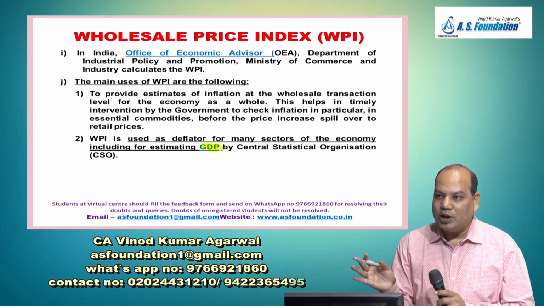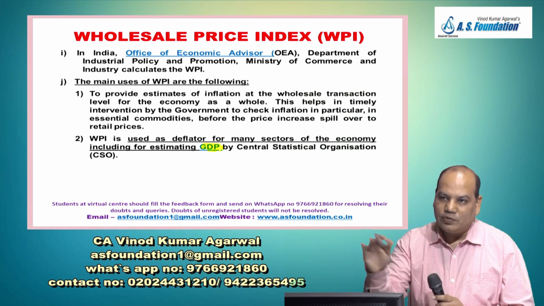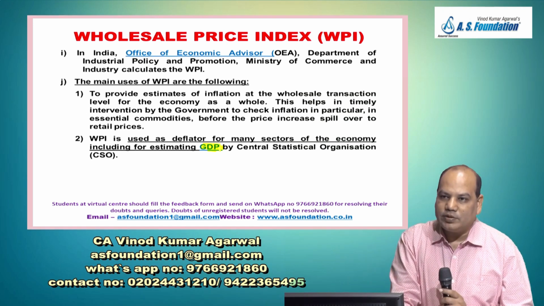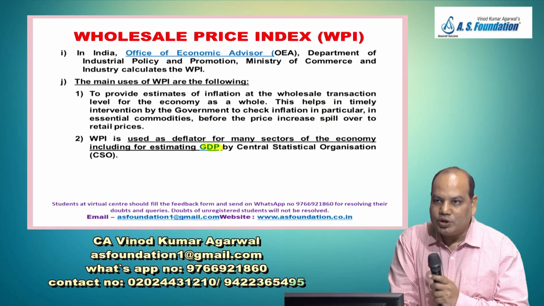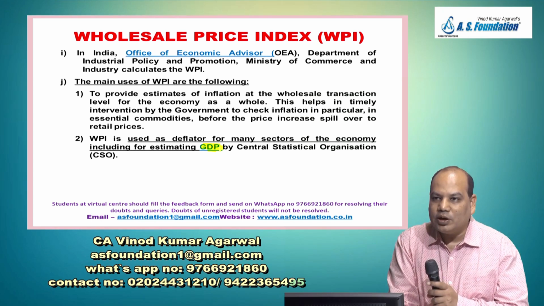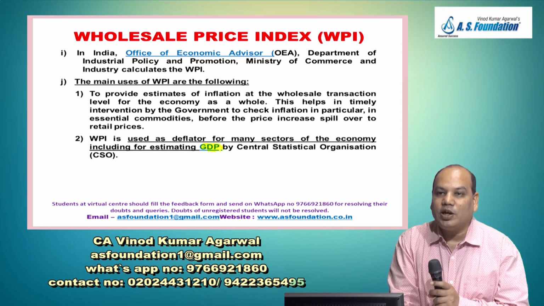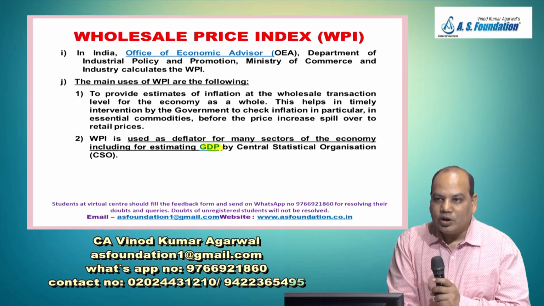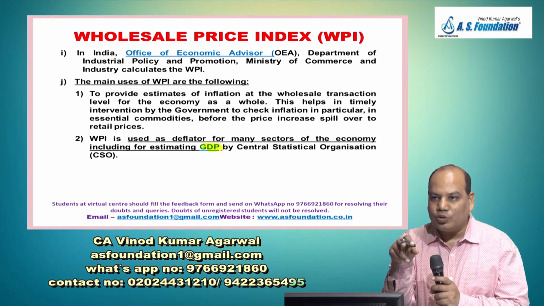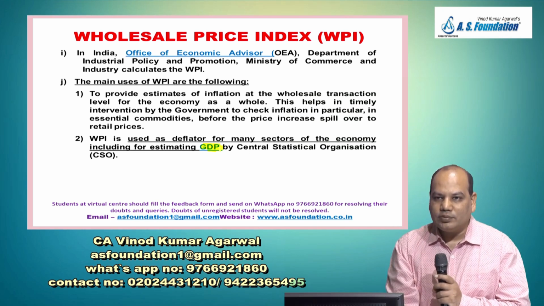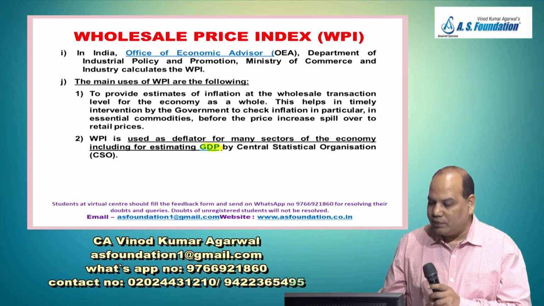That means GDP at current price is converted into GDP at constant price by eliminating the effect of inflation, so that the two years' GDP can be compared. Otherwise, it is possible GDP may have increased not due to output but due to price level. So GDP deflators are used.